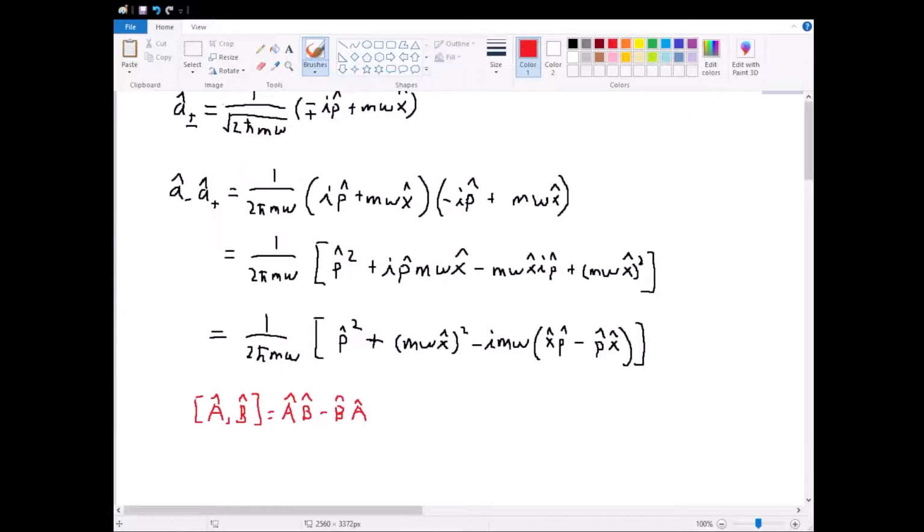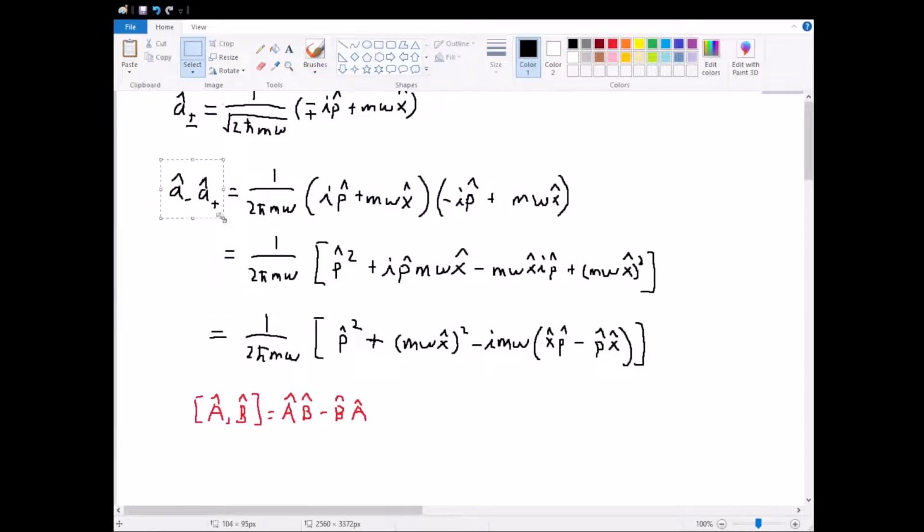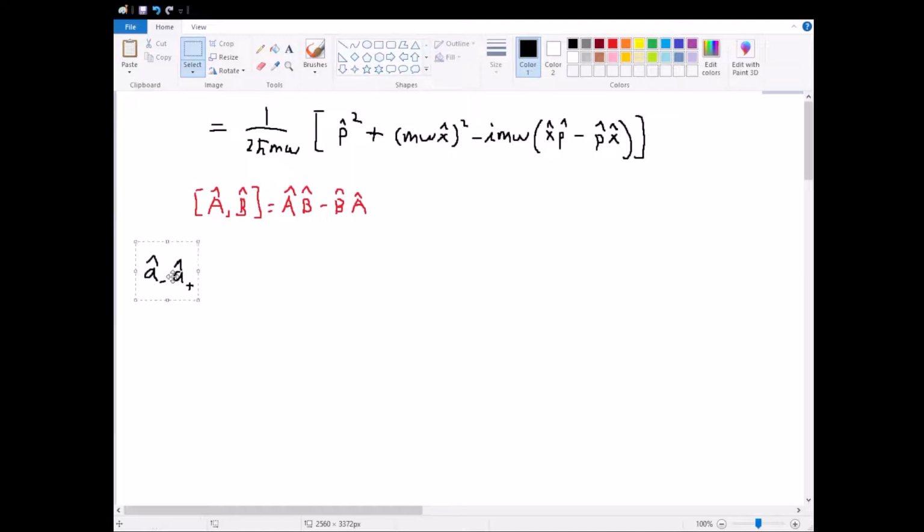What we're going to find is that it's actually possible to calculate this explicitly. But before that, let's rewrite this in the proper commutator notation. Everything at the start remains the same, so we have 1 over 2 h bar m omega, multiplied by p hat squared plus m omega x hat squared.